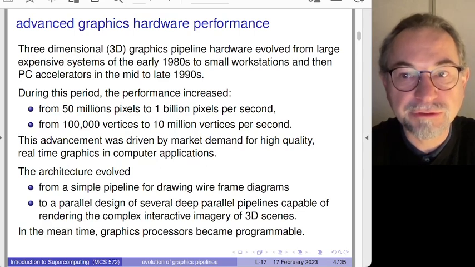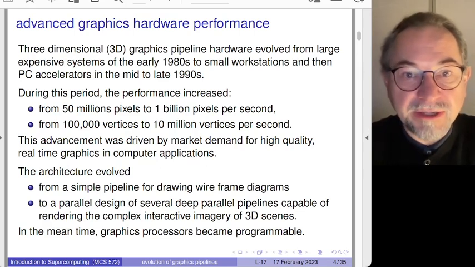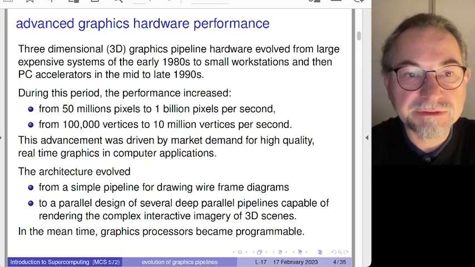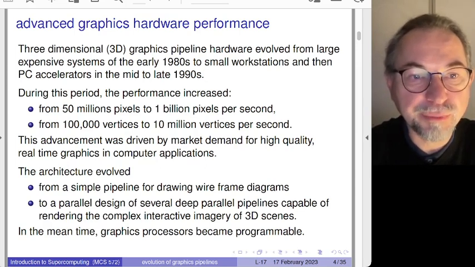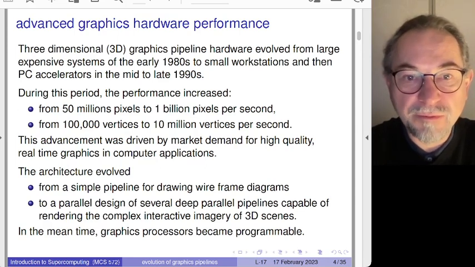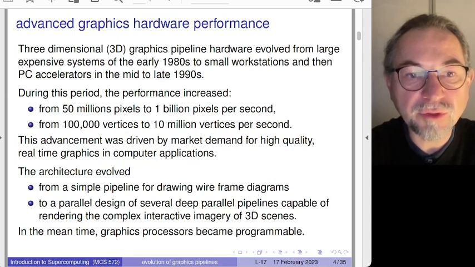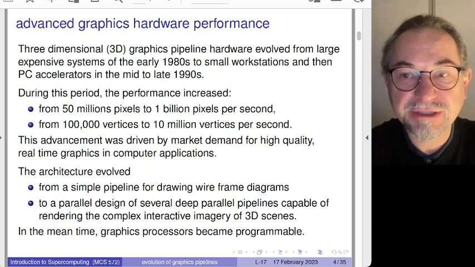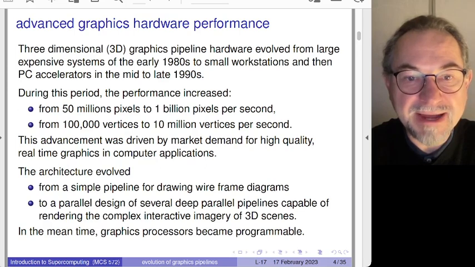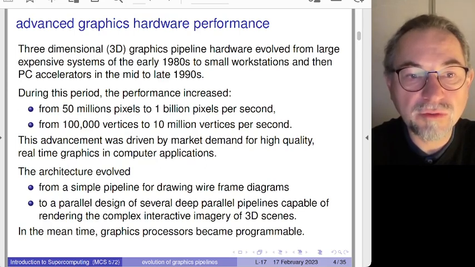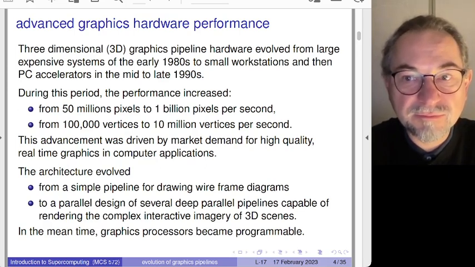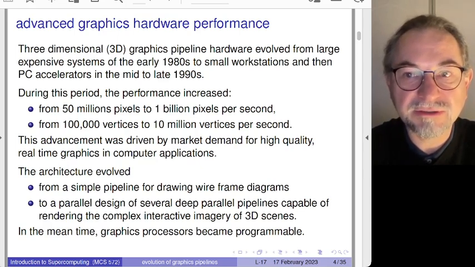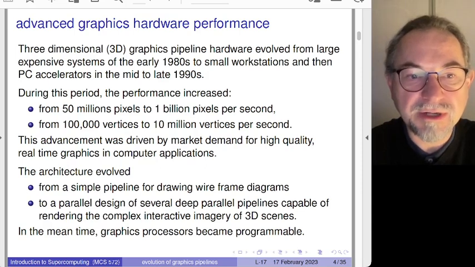So the evolution between the 1980s and the 90s was an enormous increase in performance, going from millions to billions of pixels per second. And also the number of vertices increased dramatically. Why was that? Well, because there is a very high demand for real-time graphics.